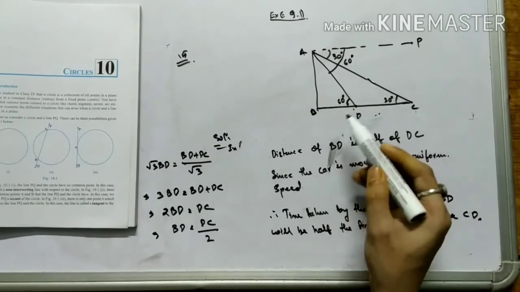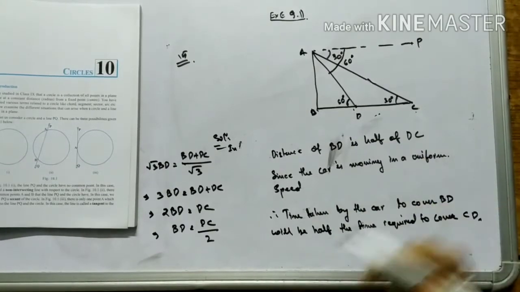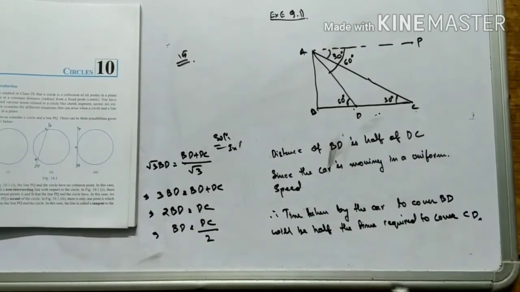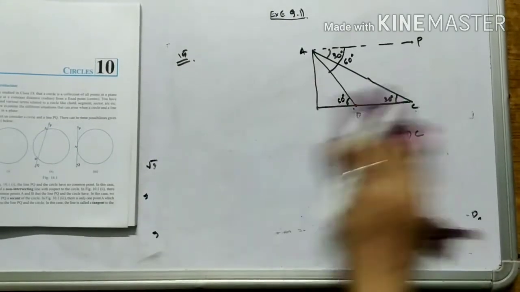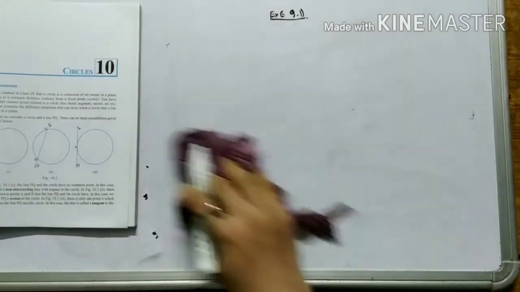Therefore, time taken by the car to cover BD will be 6 by 2, which is equal to 3 seconds. Okay. So next I will go to question number 16 here.